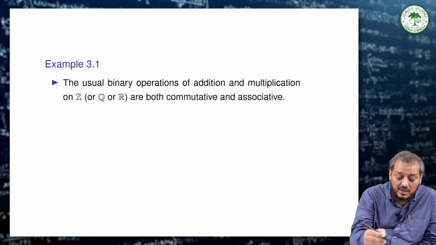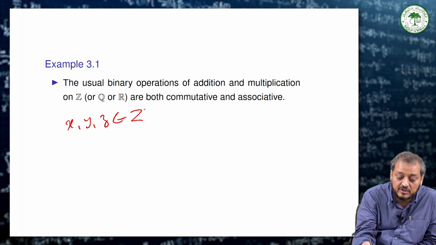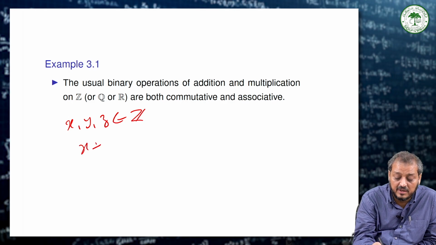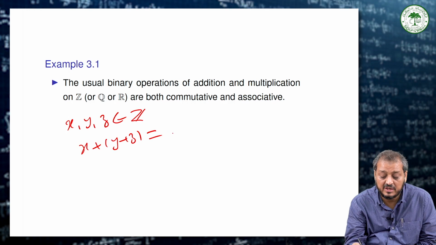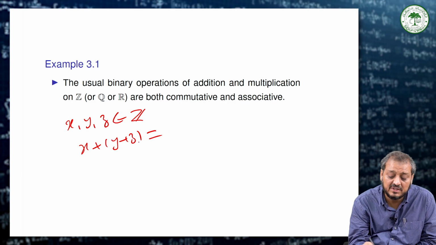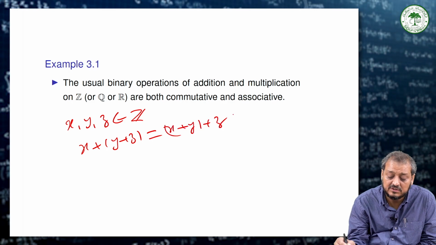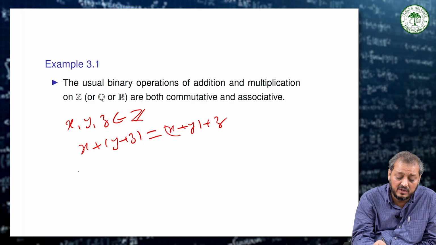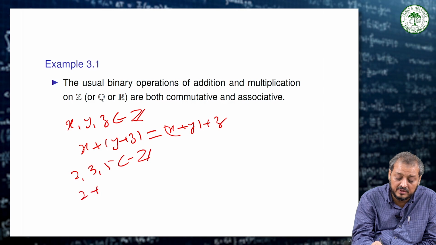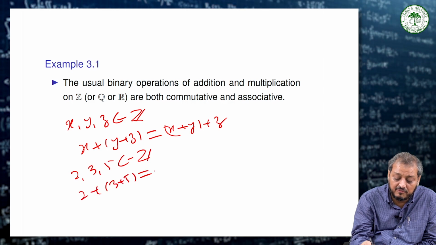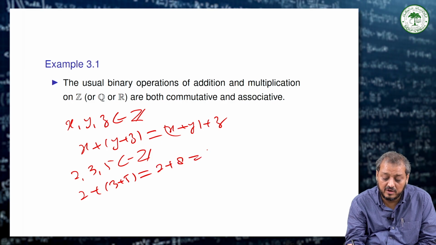For example, if x, y and z are elements of the set of integers, then (x plus y) plus z is the same as x plus (y plus z). For example, if we take 2, 3 and 5 as elements of the integers, then 2 plus 3 plus 5 can be written as 2 plus 8, which is equal to 10.